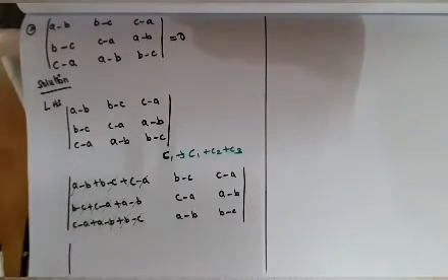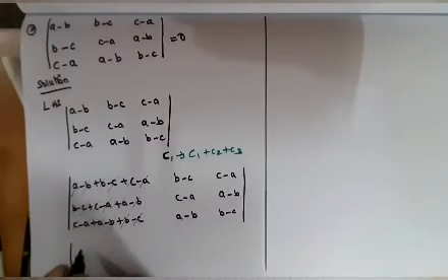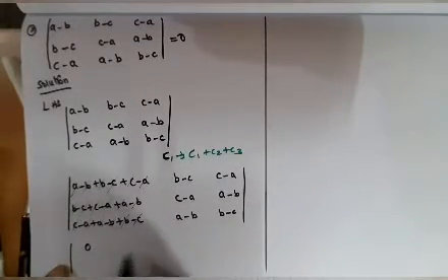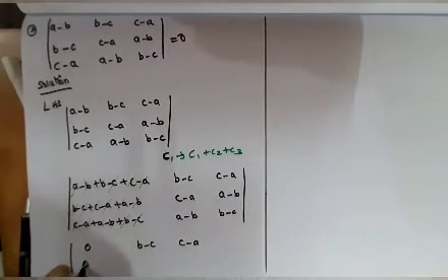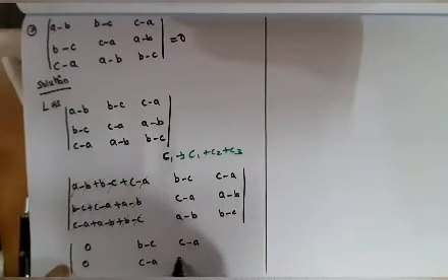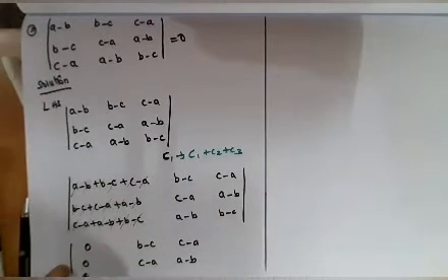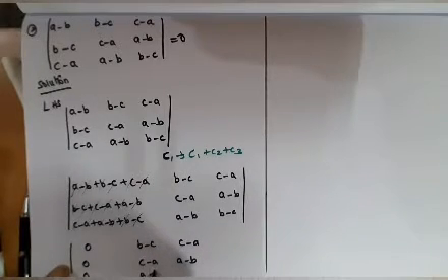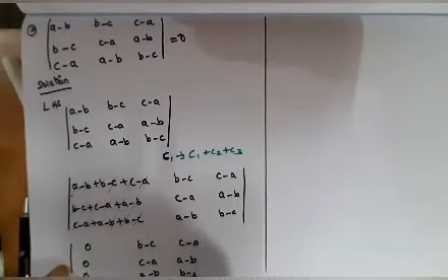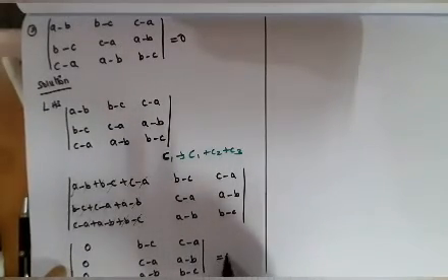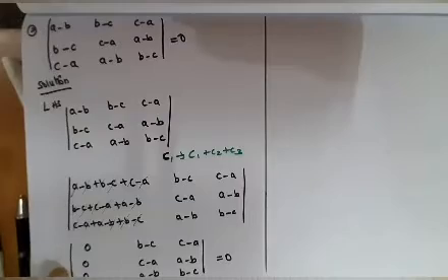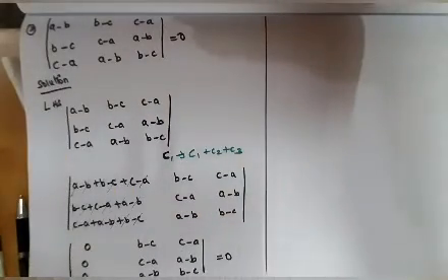So the remaining terms will be 0, b minus c, c minus a, 0, c minus a, a minus b, 0, a minus b, b minus c. If you expand this, you will get 0.